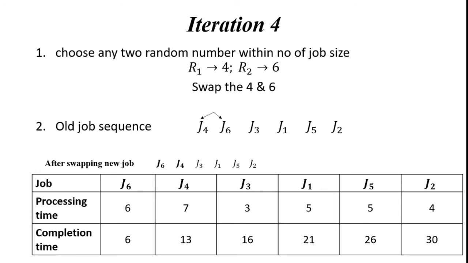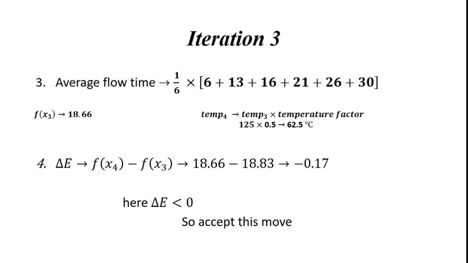From this I can maintain the 4 M's, men, machine, material and methods, for operating the jobs with the sequence of job 6 first, job 4 second, job 3 third, job 1 fourth, job 5 fifth, and job 2 is the last processing. Likewise, I may arrange the job sequence with the simulated annealing optimization technique.